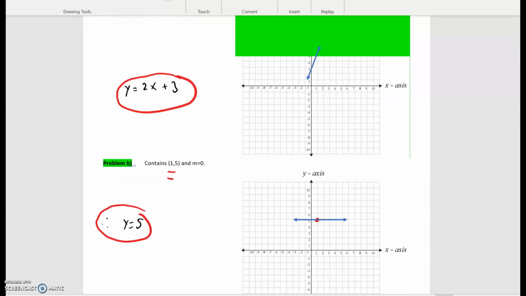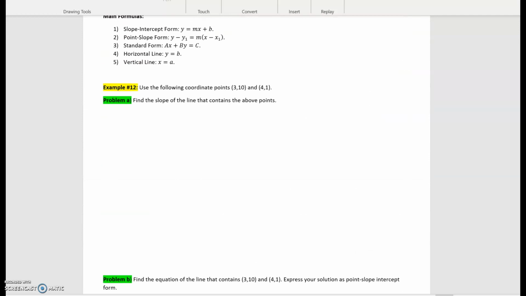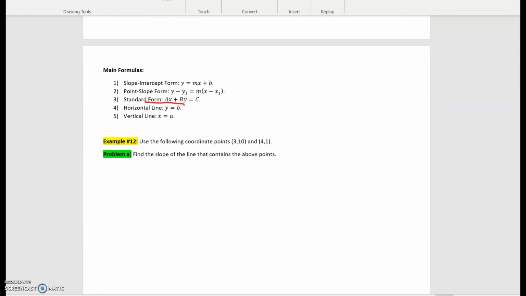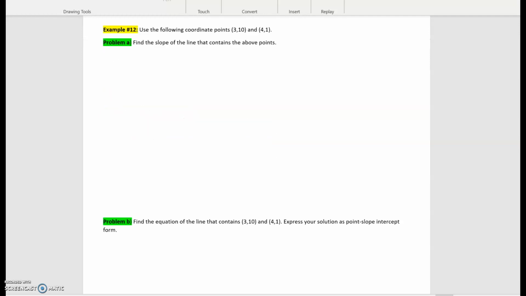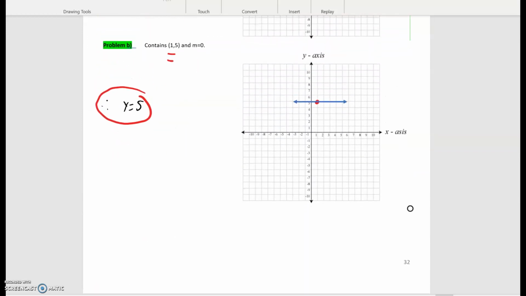And let me just go back to the previous problem where we have the formulas, and we're referring to your horizontal line. I circled the vertical one because the next one is going to be a vertical one. So let me go back to the problem. In this case, y is equal to 5 would be our solution.